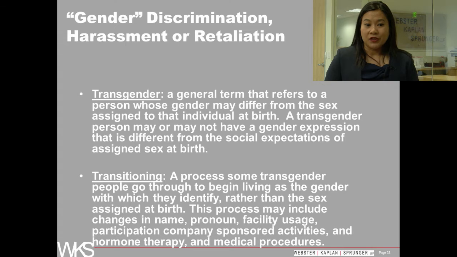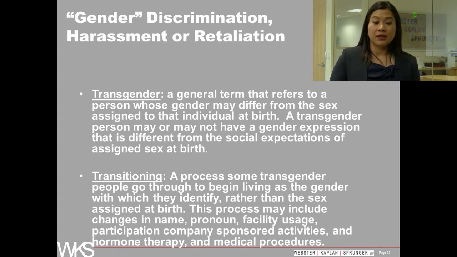Also, other definitions. Transgender is a general term that refers to a person whose gender may be different from the sex assigned to that individual at birth. A transgender person may or may not have a gender expression that is different from the social expectations of their assigned sex at birth.